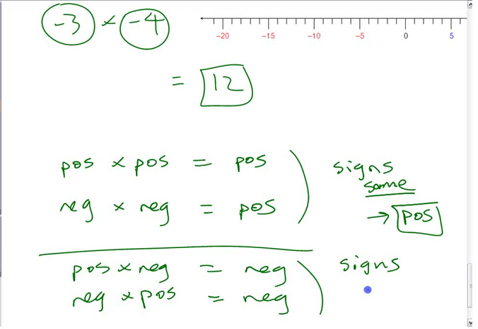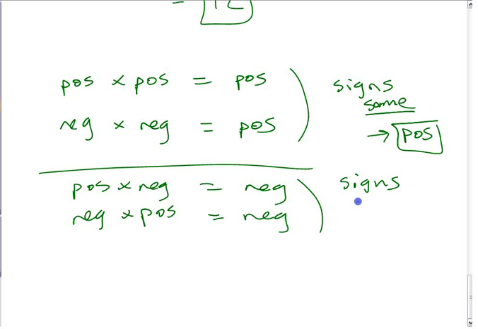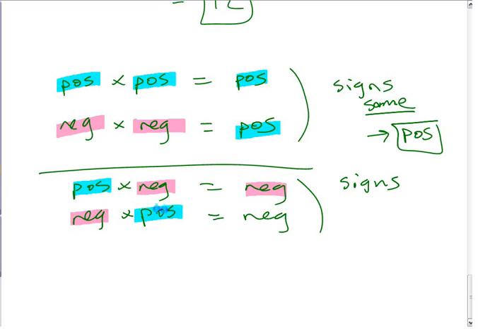Positive times positive or negative times negative: if those signs are the same, you get a positive as your answer. If you have the signs different, positive times negative gives you a negative, or negative times positive gives you a negative.